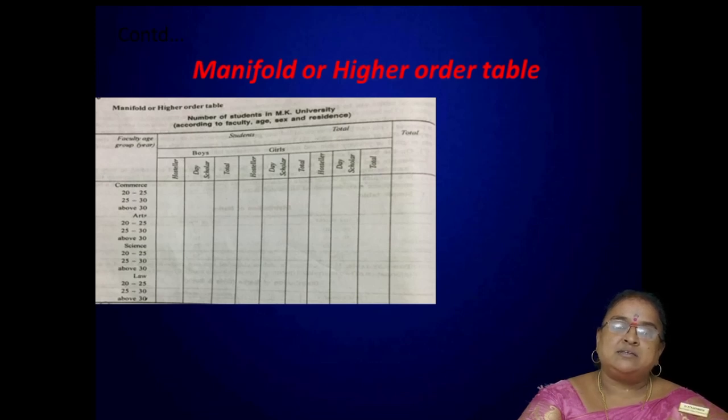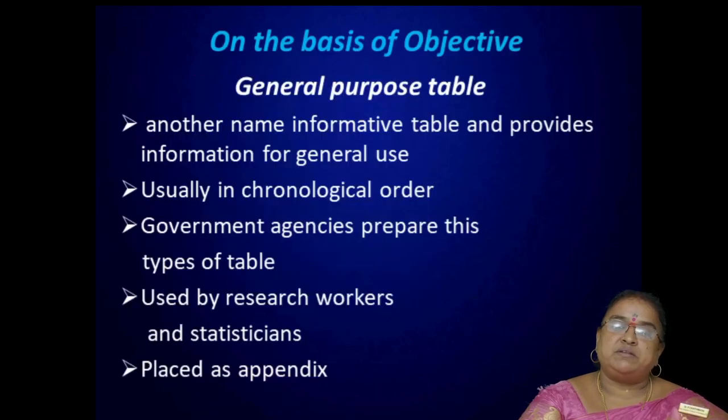Then arts, science, law. In boys and girls, hostler, day scholar, total. Girls also hostler, day scholar, total. Then in total also hostler, day scholar, total. Then the total of the commerce students, arts, is also calculated. So this is called a higher order table.